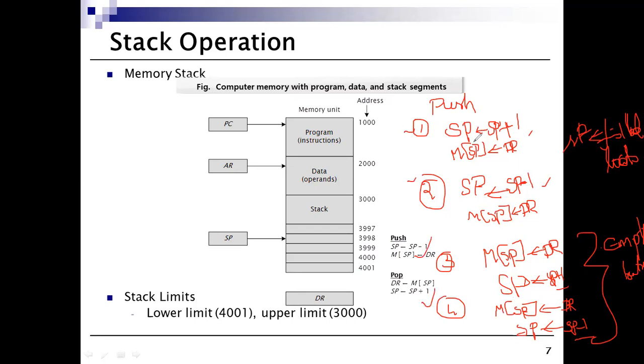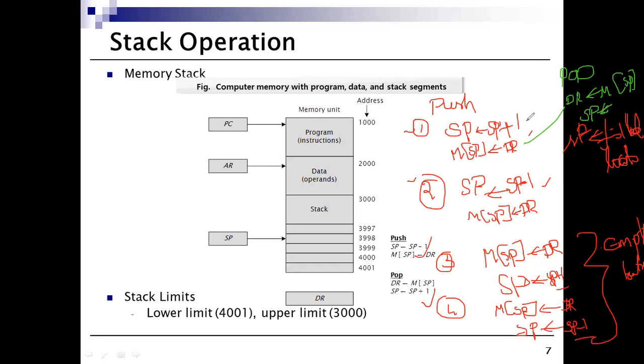So however your push has been implemented, similarly your pop should be. Okay. So for pop in the first case, first the transfer of contents, it is exactly the reverse operation. So first DR should be loaded with the contents pointed to by your stack. After that, SP will be updated.